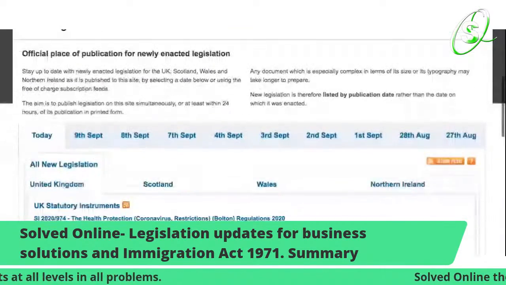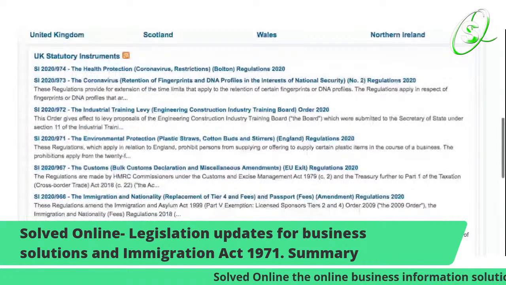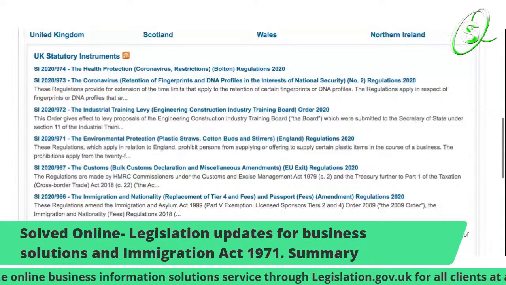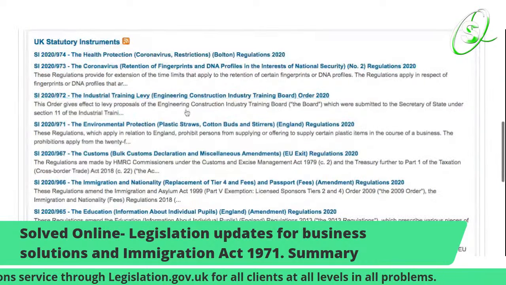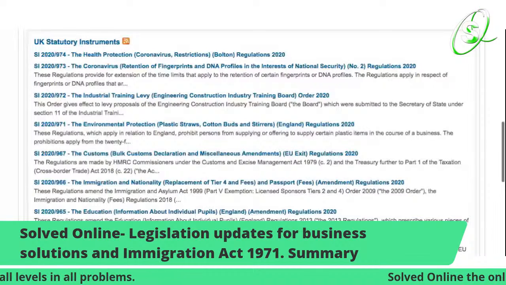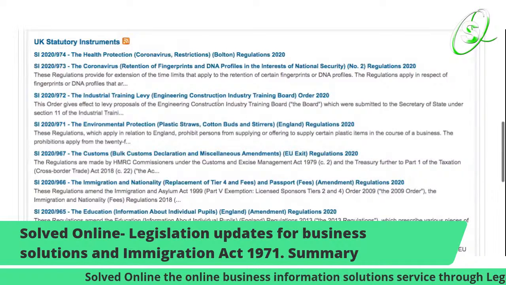Then we have the first one, which is the Health Protection Coronavirus Restrictions Bolton Regulations 2020. We also have the Coronavirus Retention of Fingerprints and DNA Profiles in the Interest of National Security (No. 2) Regulations 2020. Again, very important.